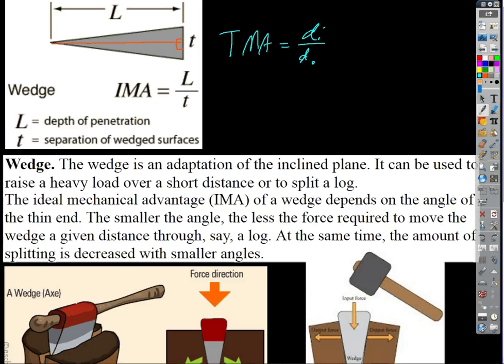If you look at complex machines though, and we haven't quite gotten to this part yet, what do you think happens when you connect a bunch of simple machines in sequence? Like say you push on a lever and the output end of the lever applies a force to something different, like maybe a wheel and axle, which we haven't talked about yet.